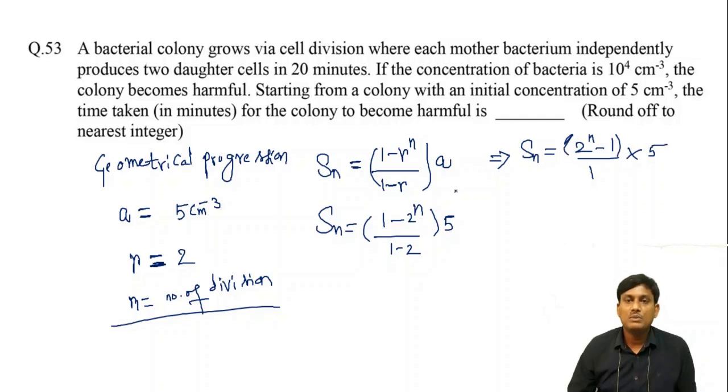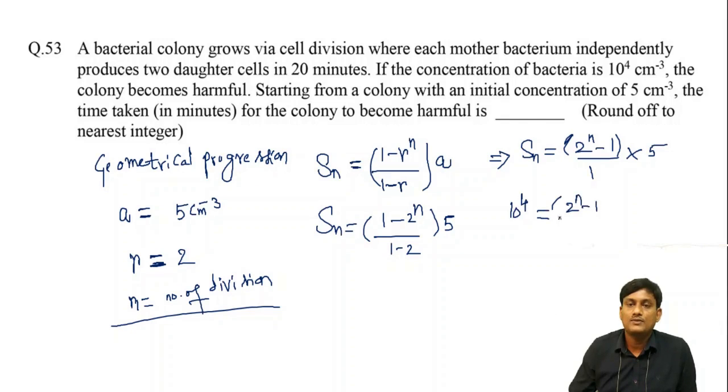So what is the minimum concentration of bacteria? 10^4 cm^-3. So what is the n value to get 10^4 cm^-3 concentration? So here 10^4 is equal to (2^n minus 1) into 5.